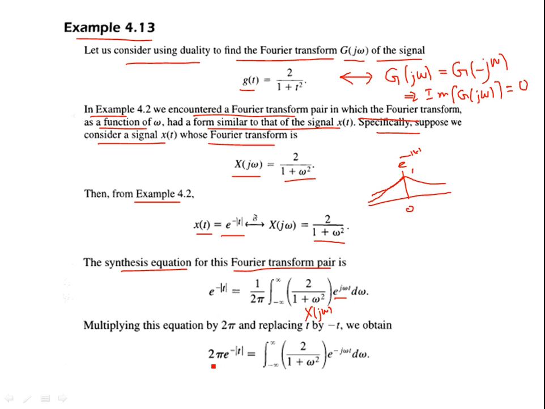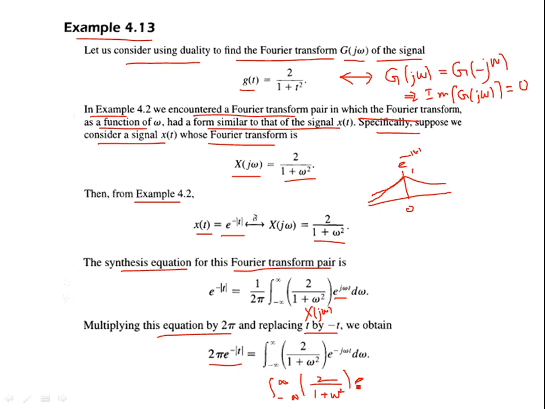You can bring the 2 pi to the other side by multiplying this equation by 2 pi, and then replace t by minus t. There won't be any change on the left hand side, but the right hand side will be of the form minus infinity to plus infinity, the same integrand, which of course is a function of omega.